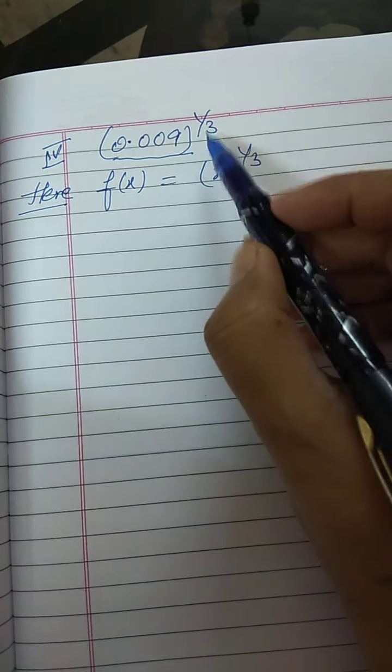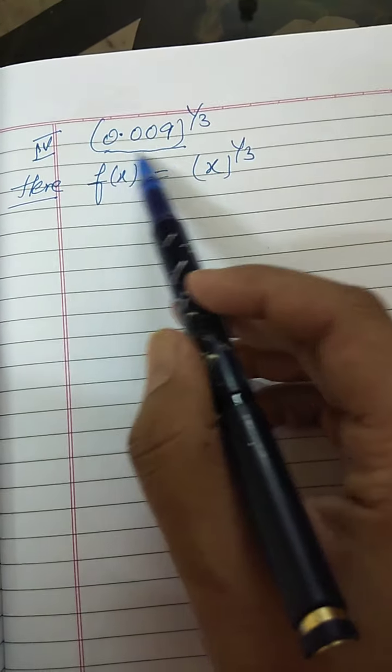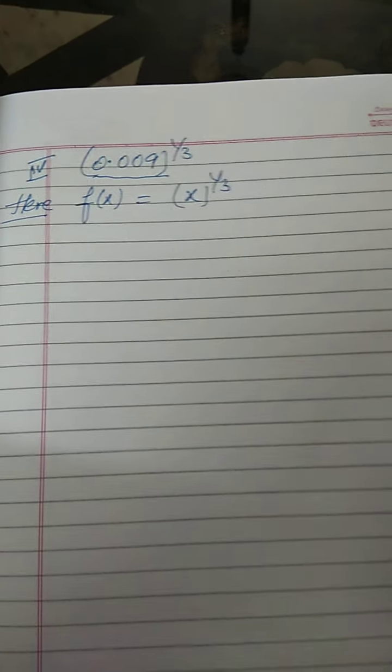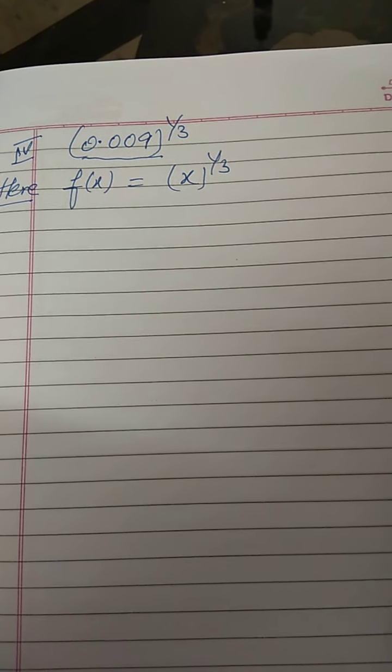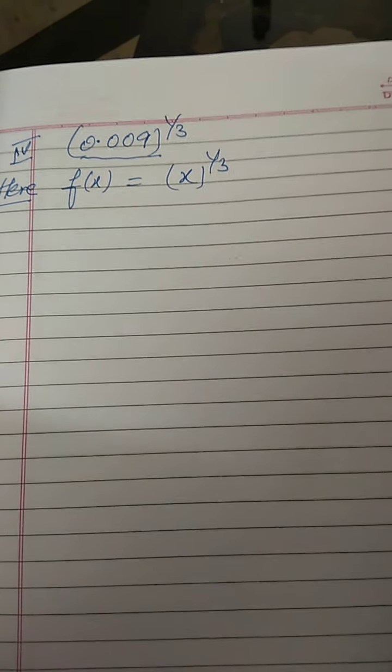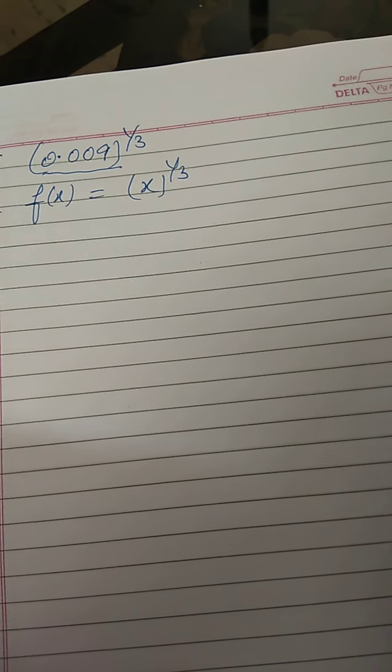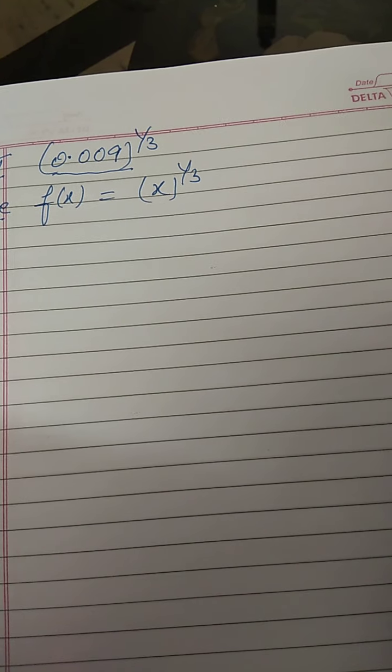Now cube root, we have to check for which nearest number to this 0.009 we know the cube root. Okay, if you only look at 9, we don't know the cube root of 9. Okay, go to 10, we don't know the cube root of 10. Go to 8, we know the cube root of 8. What is that? 2.